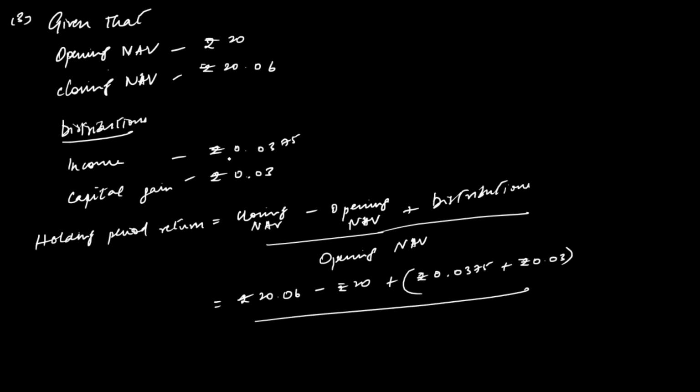Okay, this total divided by rupees 20. We get the value upon calculation as 20.06 minus 20 plus 0.0375 plus 0.03 divided by 20, that is 0.6375%.